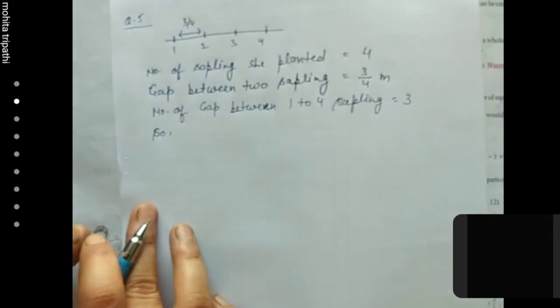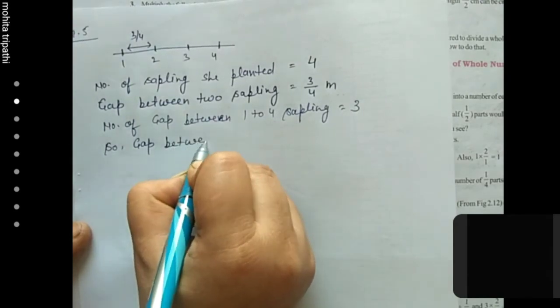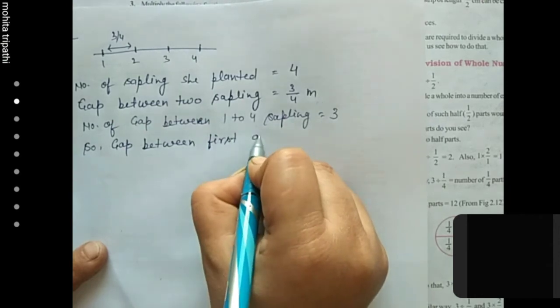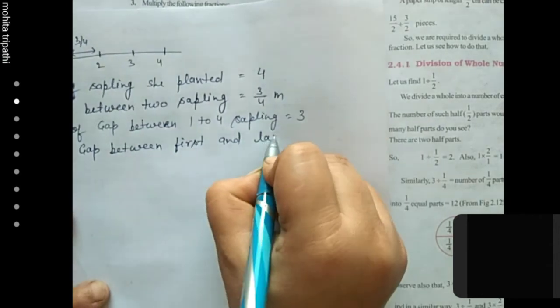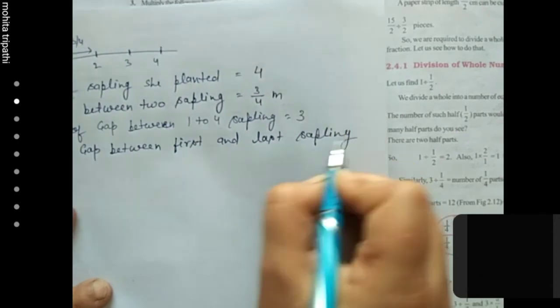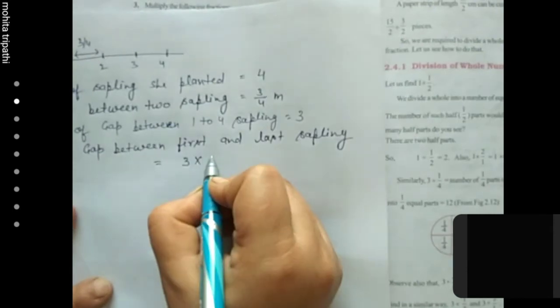So the question is, find the distance between the first and last sapling. The number of gaps is 3 and the gap between two saplings is 3 upon 4.